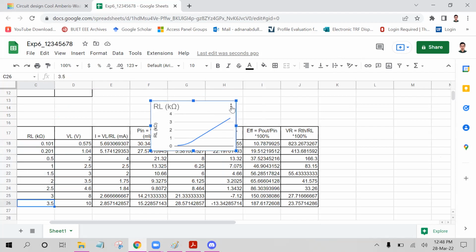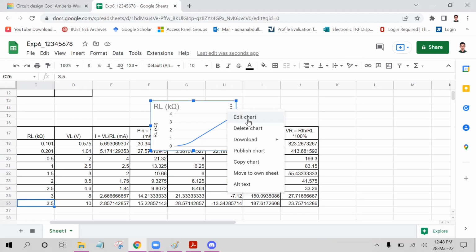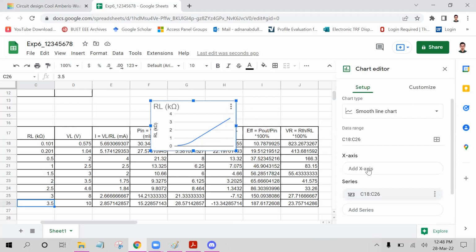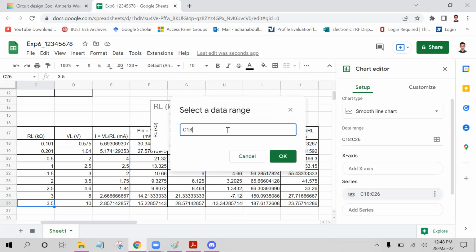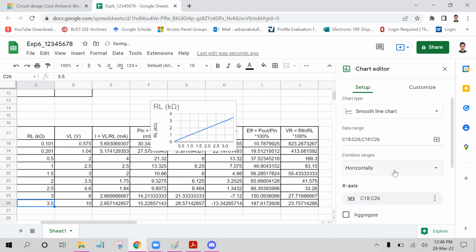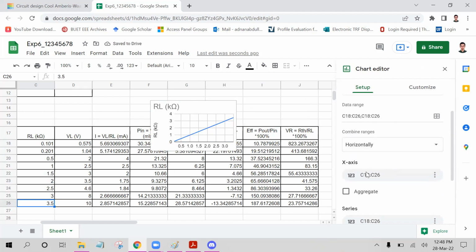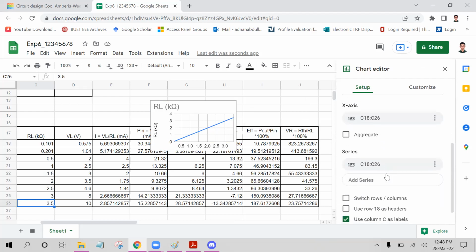So I am going to set this range in x-axis. Okay, go to the edit chart option, add x-axis and this should be automatically shown in suggestion. If it is not shown, what you can do, click on this select data range option and manually write C18 to C26. That's it. Okay, so this is our x-axis.